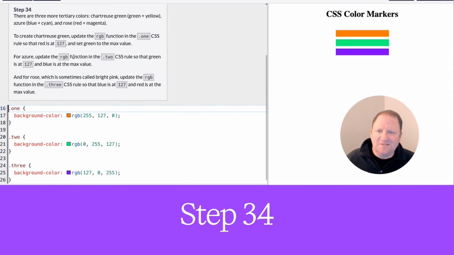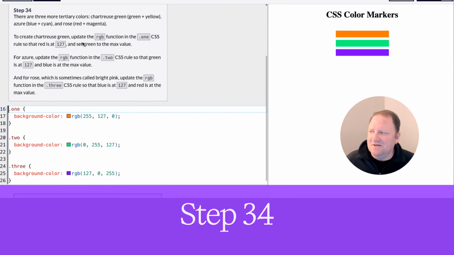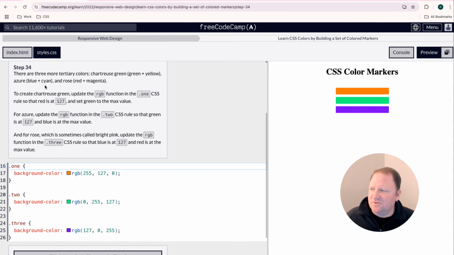Step number 34 is having us do some more work with our RGBs. And so it says we're going to be creating chartreuse, azure, and also rose. And so what we're going to do here, it says for the chartreuse green, go ahead and update the function so that the red is 127 and then set the max value of green. The red is now going to be 127 and then the green portion is going to be maxed out at the 255.